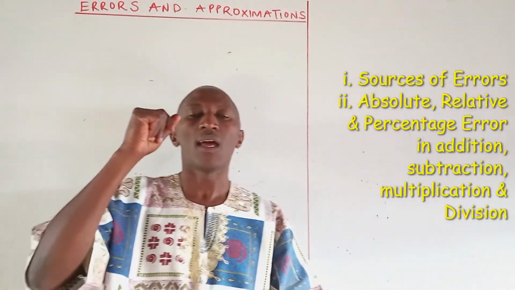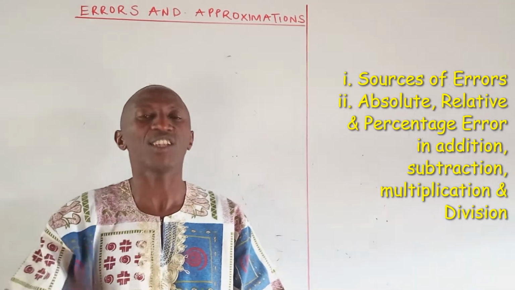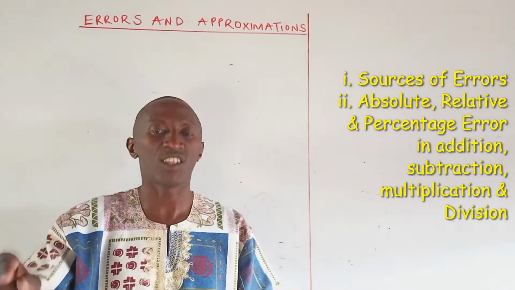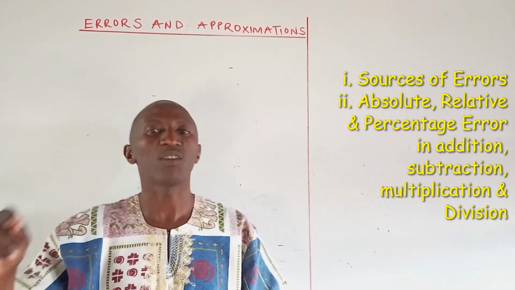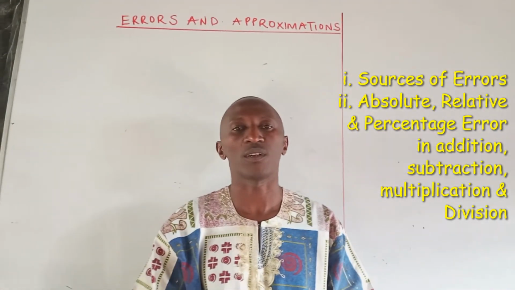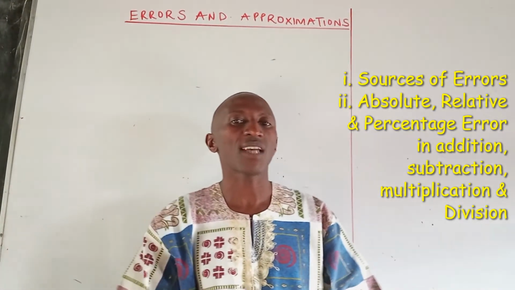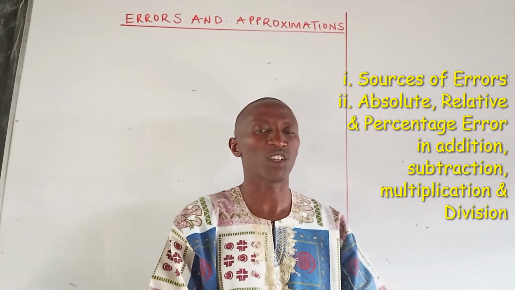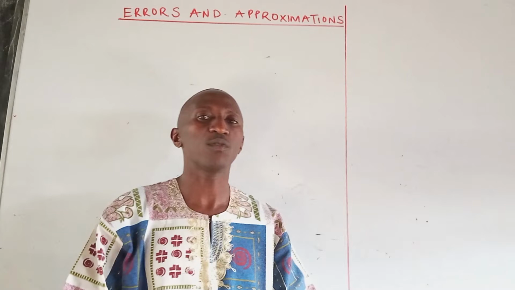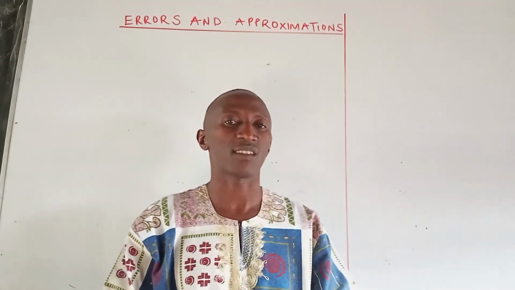We shall look at how we undertake addition and compute an error during addition and consequently during subtraction. We shall also look at multiplication, that is errors in multiplication of numbers, how errors are propagated during multiplication, and also how errors are propagated during division. Join me to the end as we look at various examples in each of these sections.